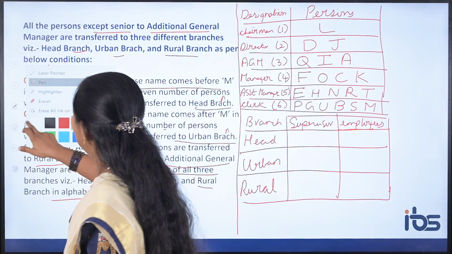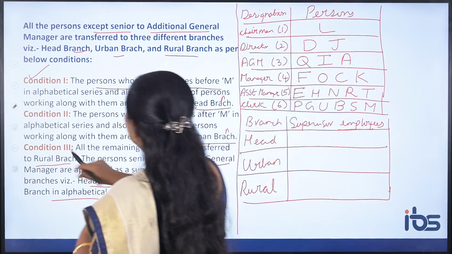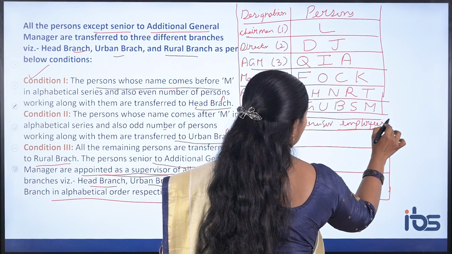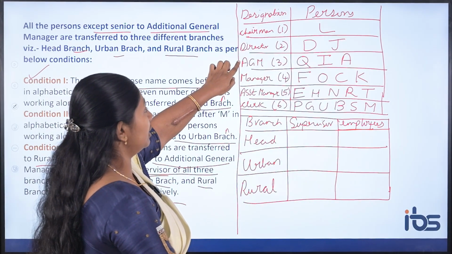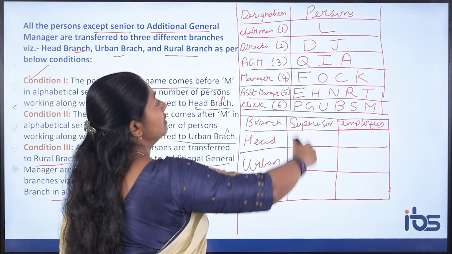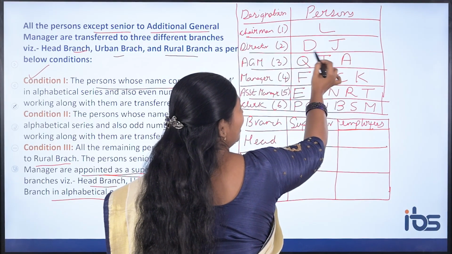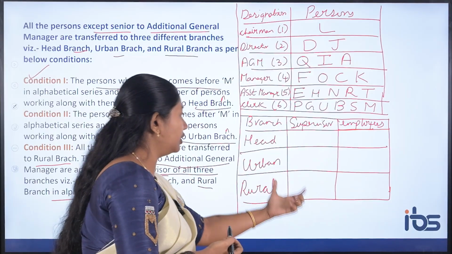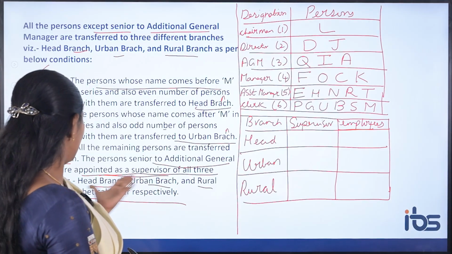So let me draw it neatly. The persons senior to AGM by designation are chairman and director. For chairman you have L, only one person, and for director you have 2 directors, D and J. So these 3 are arranged in alphabetical order as supervisors respectively for head branch, urban and then rural.